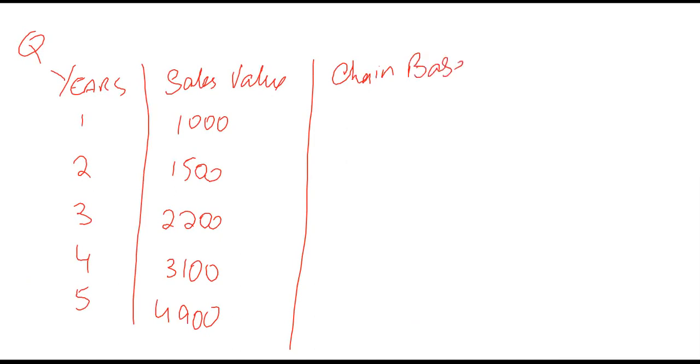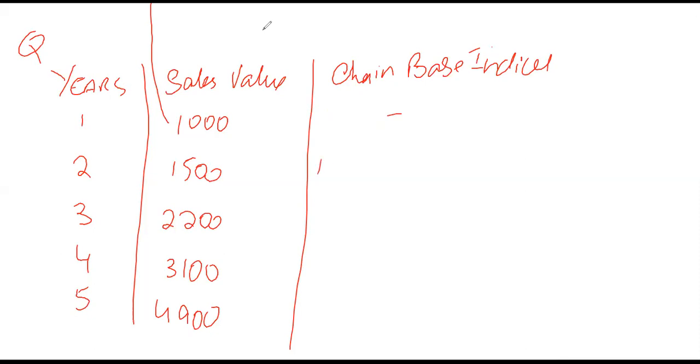Okay, so the chain base indices. We are not being given any values for the previous year in year 1. Chain based indices follow the formula of this year's value divided by the previous year's value multiplied by 100.